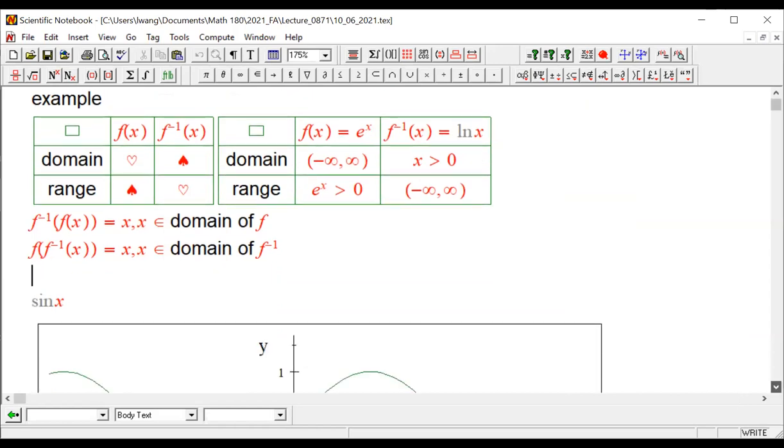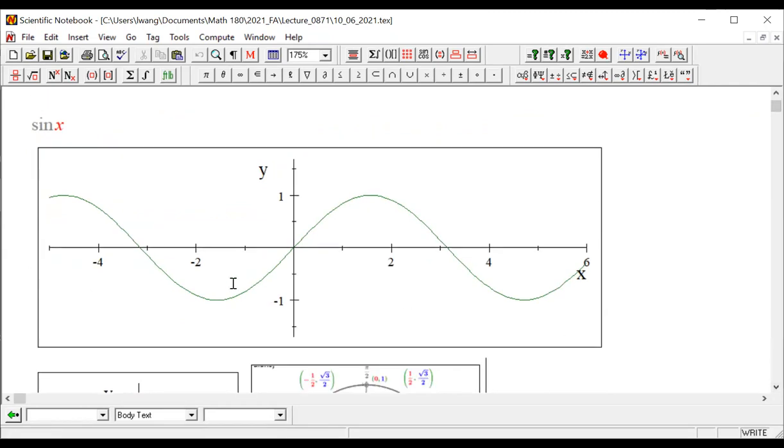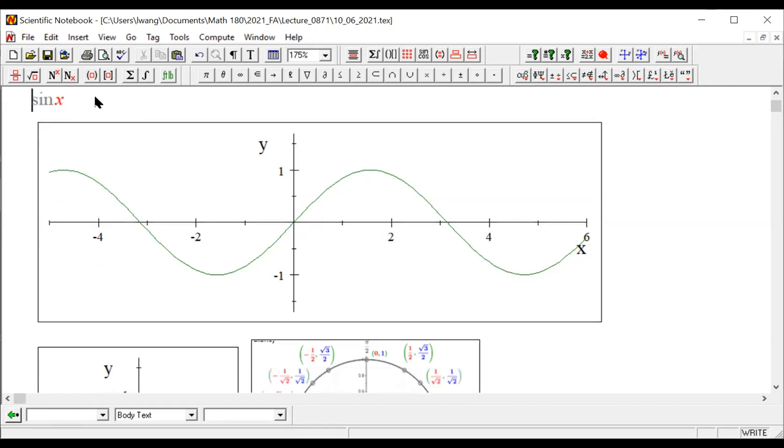Okay, with that introduction, let's see how we impose the constraint so that we can create an inverse function. A function having an inverse has to be one-to-one.